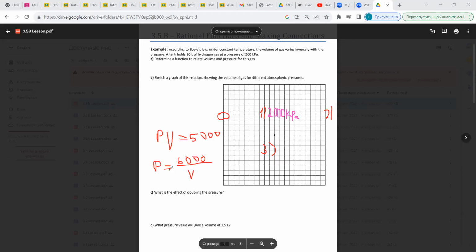We know that the volume for this scenario is 2.5 liters. So 5,000 divided by 2.5 equals 2,000. Great job.